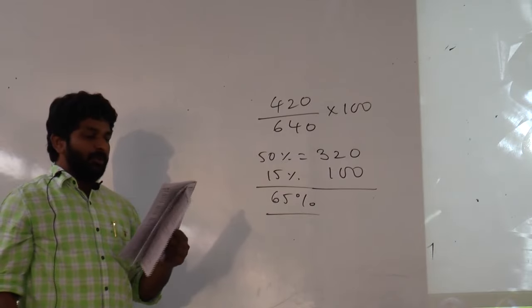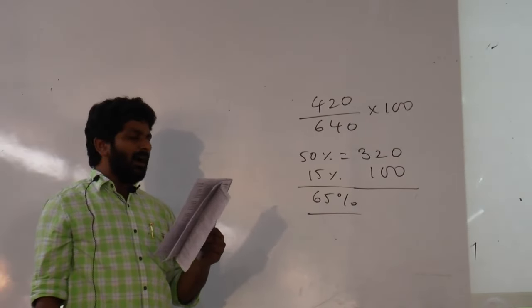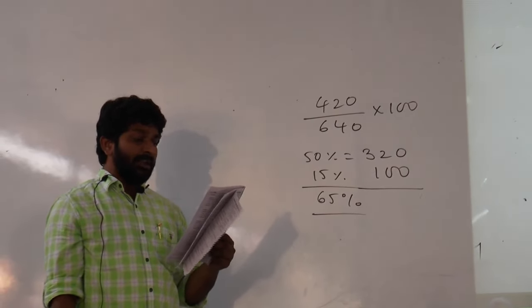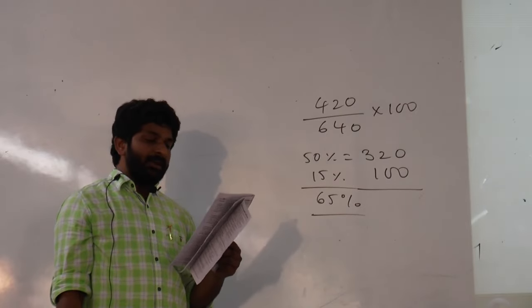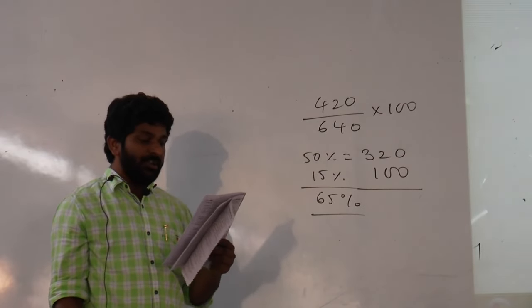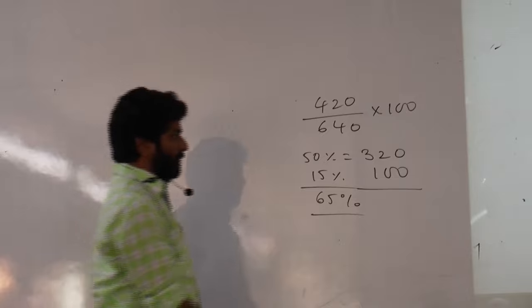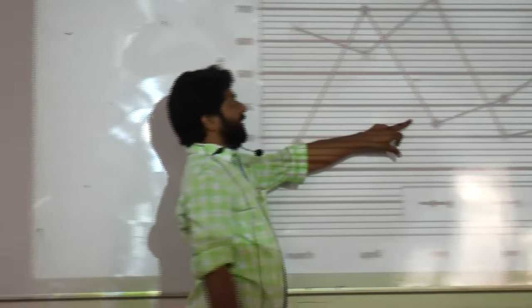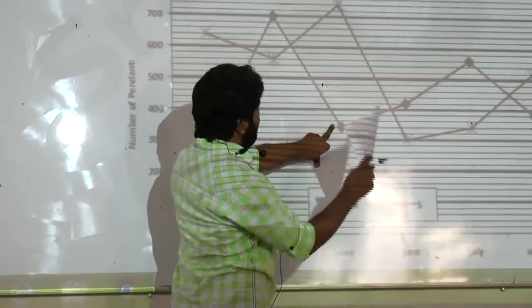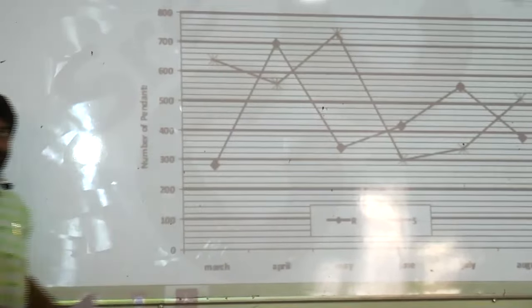What is the respective ratio between the total number of pendants sold by R and S together in May and the total number of pendants sold by the same stores together in June? May versus June. In May, we need to add both the values: 340 and 740. 340, 740, 1080.